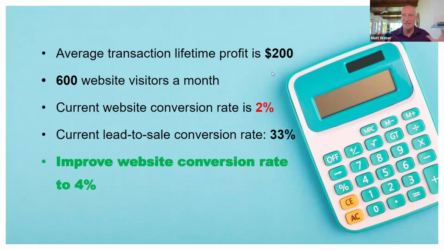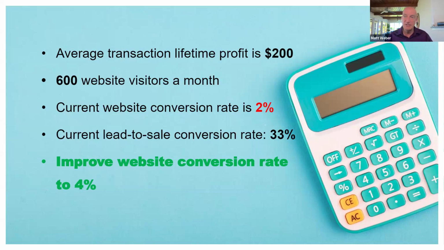So let's just take as an example a business that has an average transaction lifetime profit of $200. And let's just say that right now they're getting 600 website visitors a month. And their current key event conversion rate is 2%. And they convert 33% of the leads into sales. All right, let's work with that. Those are all reasonable, very conservative numbers.